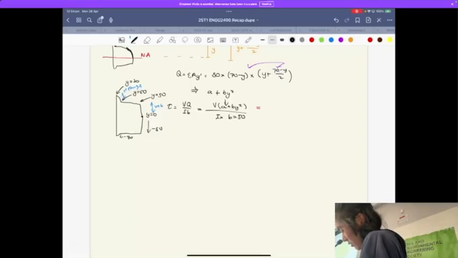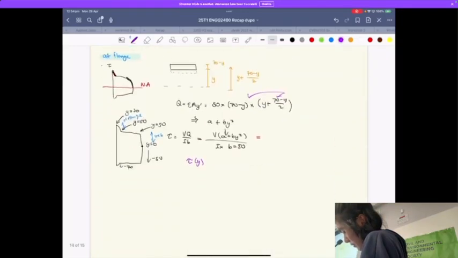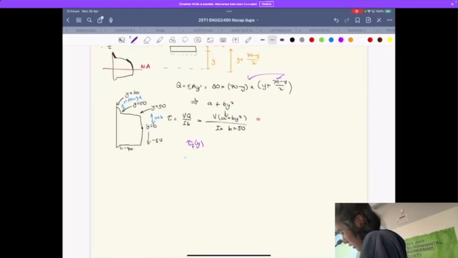So this will be something in terms of tau y, and you also have tau y web. You would plug in these specific numbers.